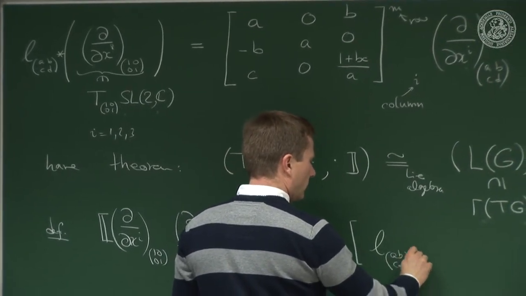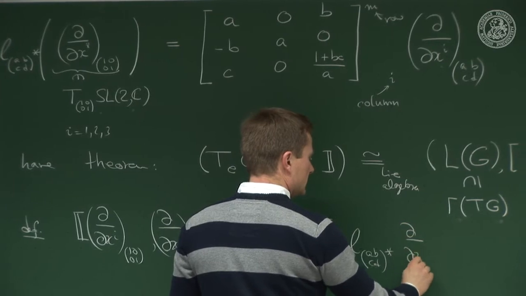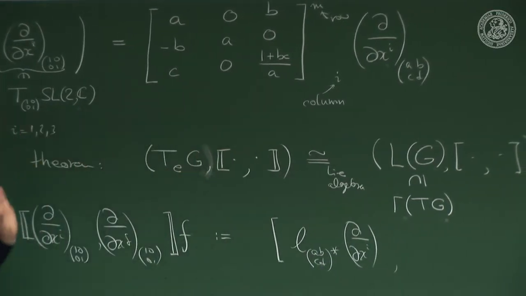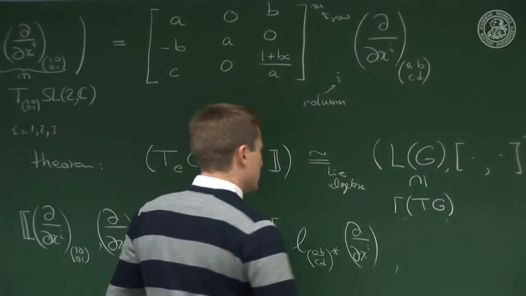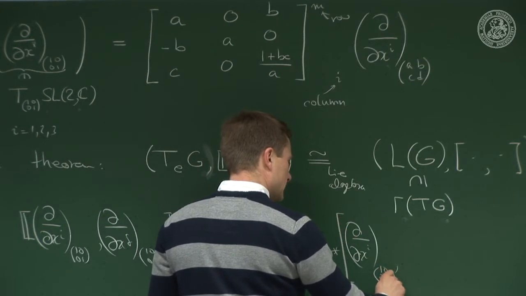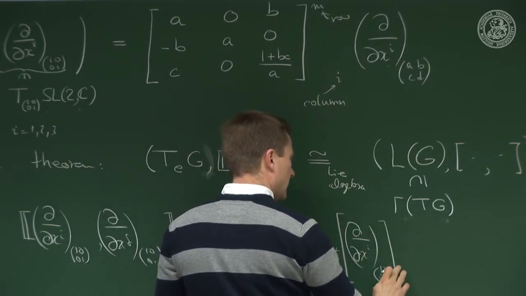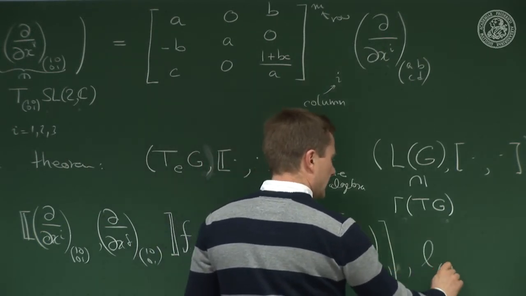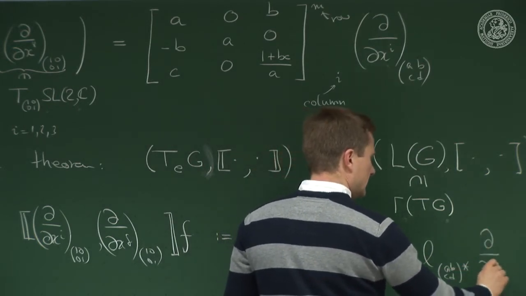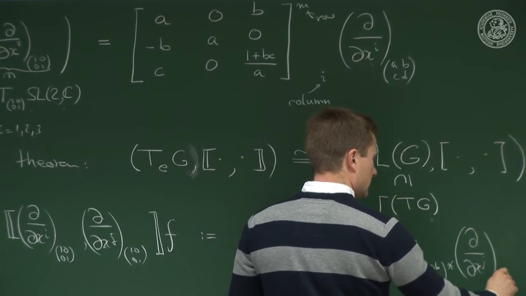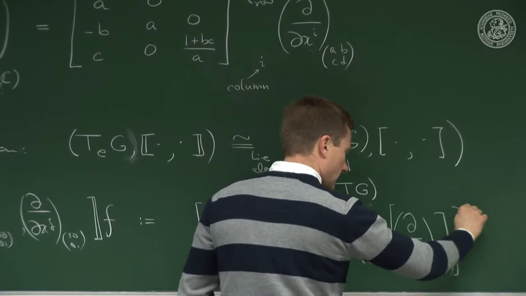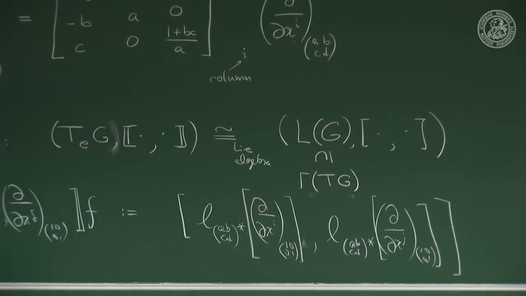We push forward the d by dxi vector to a point ABCD in the manifold. So if we are really picky, we indicate here that this is a vector at the identity that's being pushed forward. And again, L ABCD push forward of d by dxj at the identity here. It's like this. And now the differential geometric Lie bracket closes.